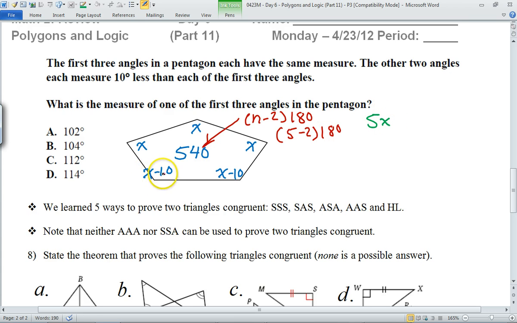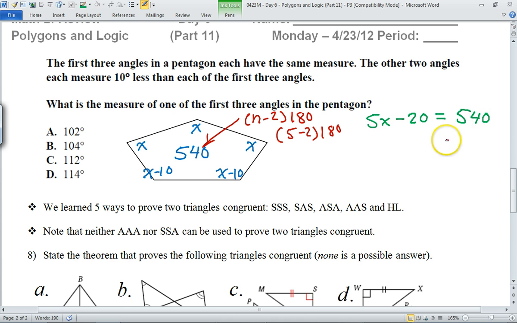But then I still have this minus 10, minus 10. That together makes minus 20. Do you guys understand why it's minus 20 and not 0? Because if it said minus 10 and then plus 10, that would make 0. But since they're both the same, they make negative 20. And that should equal a total of 540.